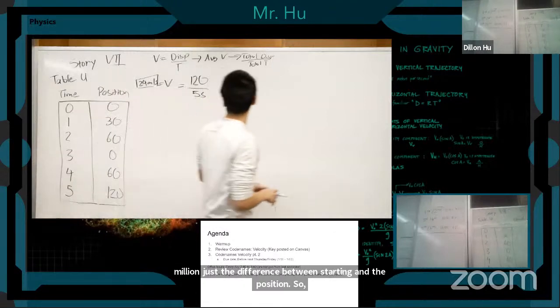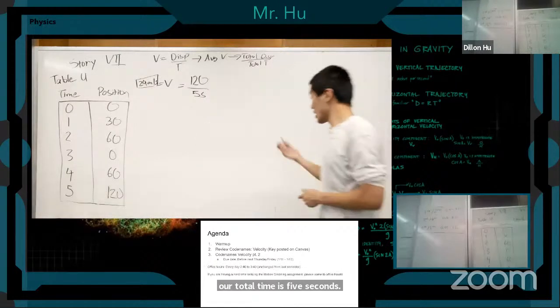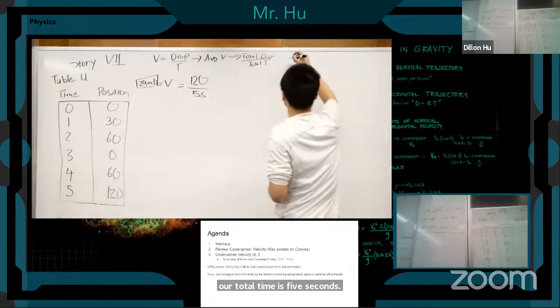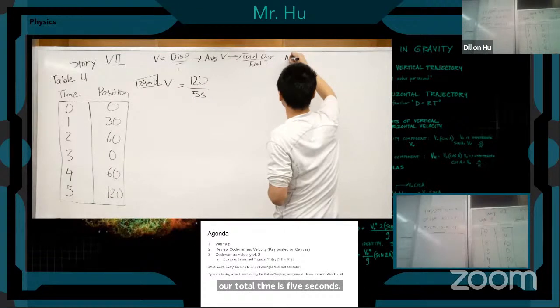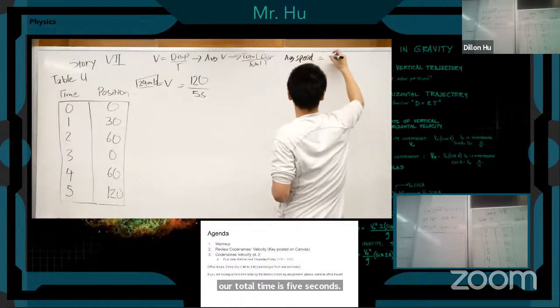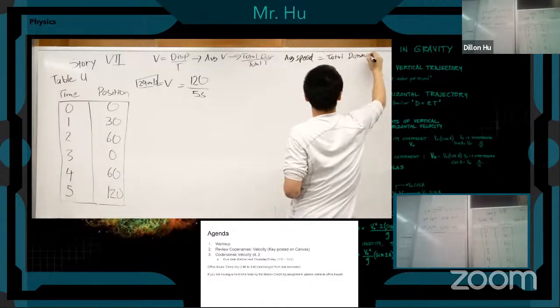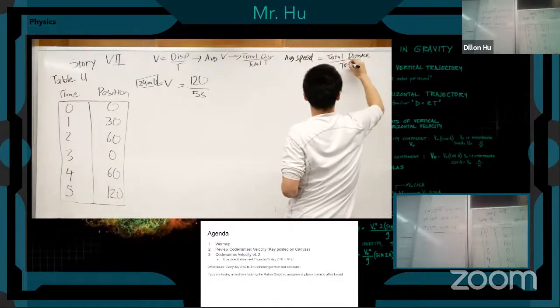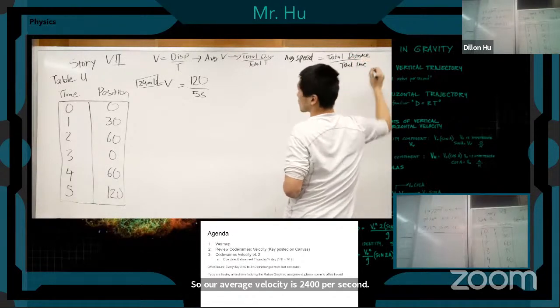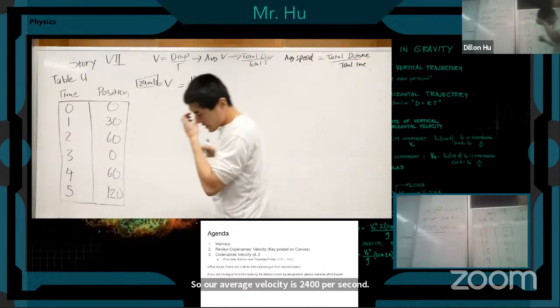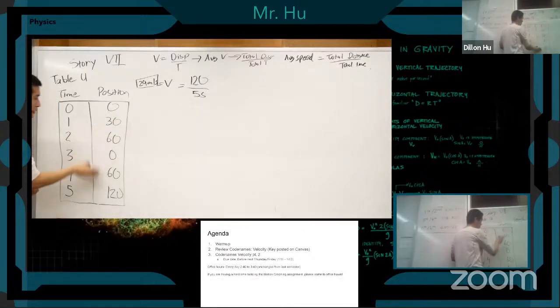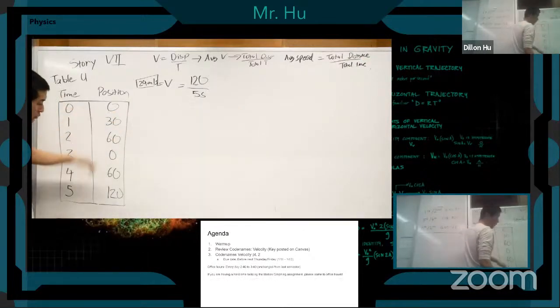Now to figure out our average speed, we're doing something similar, but instead of total displacement, we're going to use total distance. So our total distance is different than our total displacement, because in our total displacement, we don't care that we went backwards. We only care where we started and where we ended.